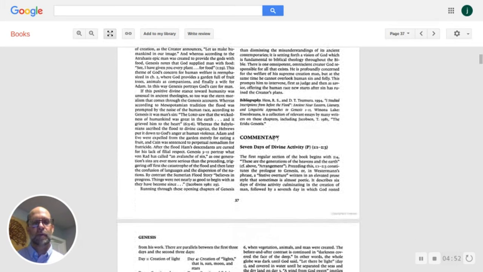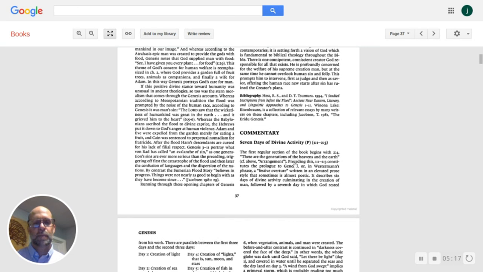Finally, they get to the particular commentary, and you'll see they have a section listed. Now, this is a long section here, 1:1 to 2:3, and they have here P, meaning that this is written by the priestly writers, one of those four main sources that we're going to talk about during the course, and is written about in the introductory material to Genesis in this commentary.